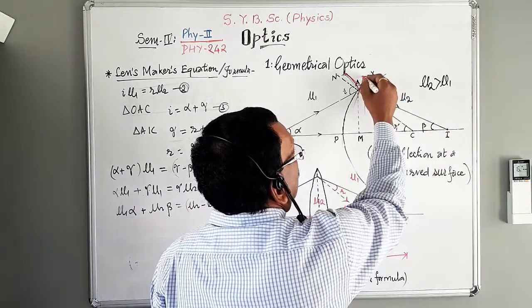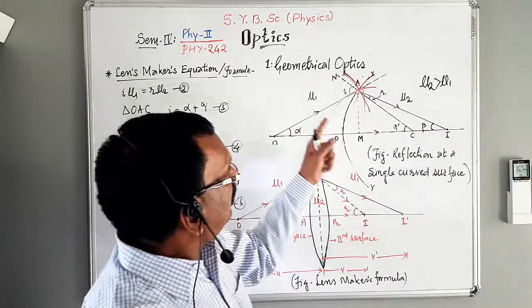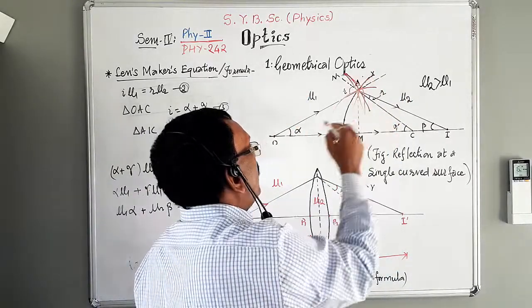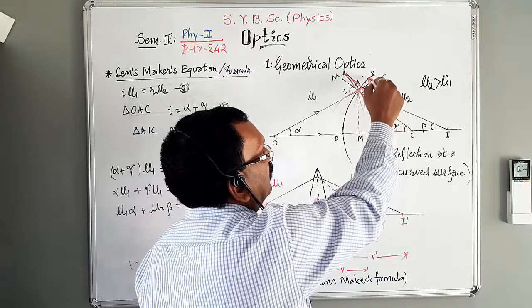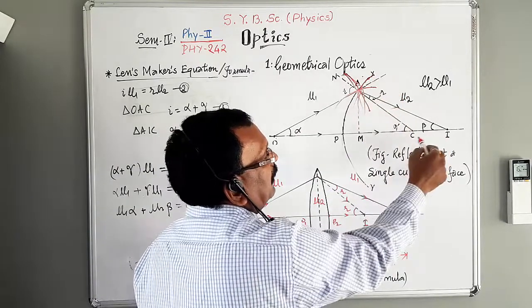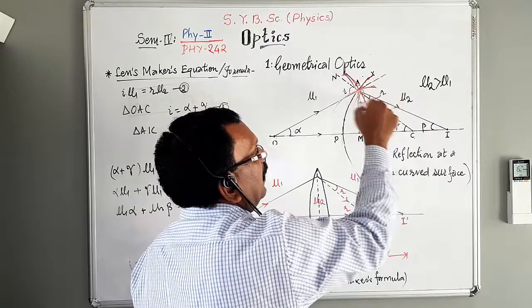So there are 3 arcs: this arc with this origin, this arc with this origin, and this arc with this origin.